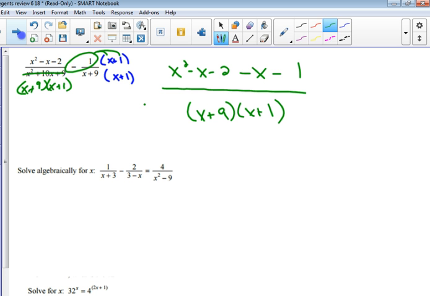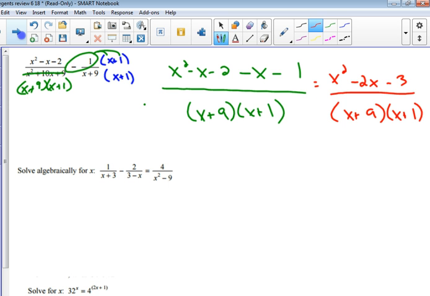When we combine like terms, we have our x squared, and then what's next? Good, minus 2x. And then 9, x plus 1.